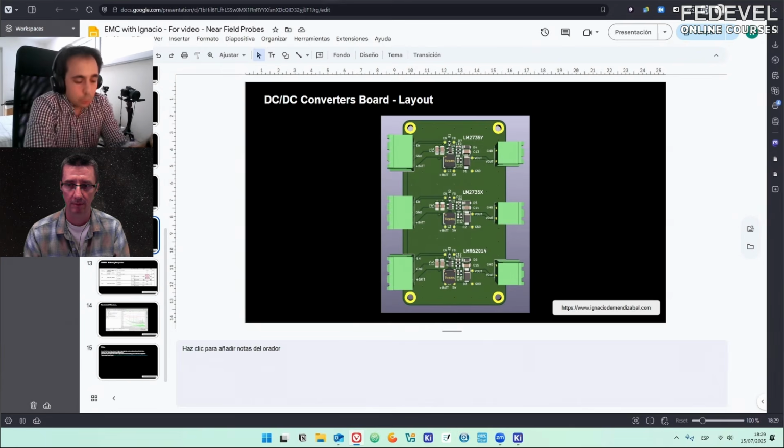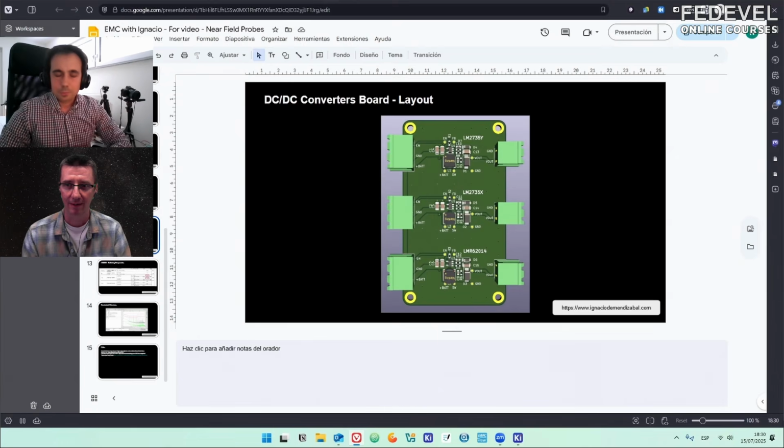And the good thing is that you don't need an EMC chamber to start troubleshooting your system, and this is what we want to do today, to use some small, cheap, and easy to use devices to detect and solve and attenuate noise sources.